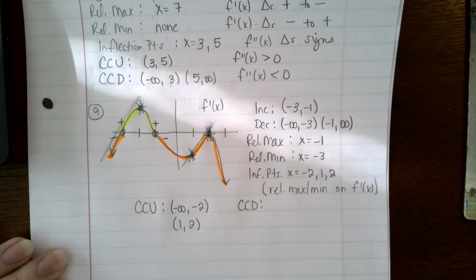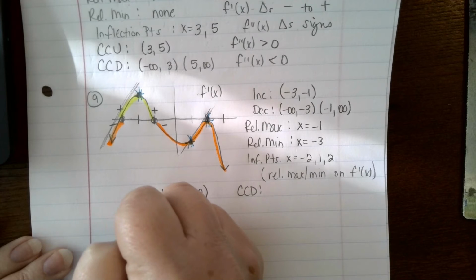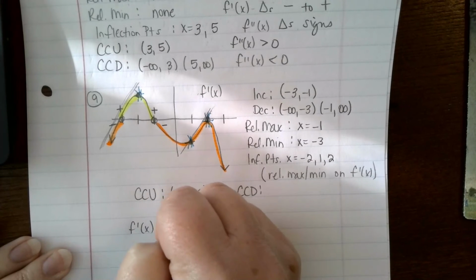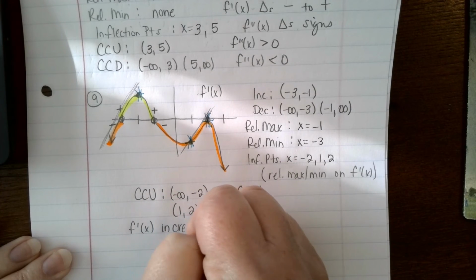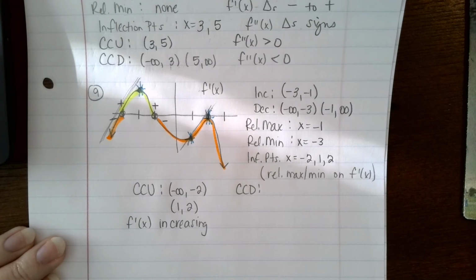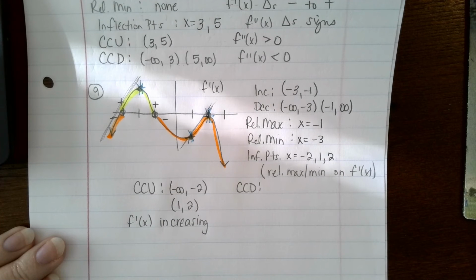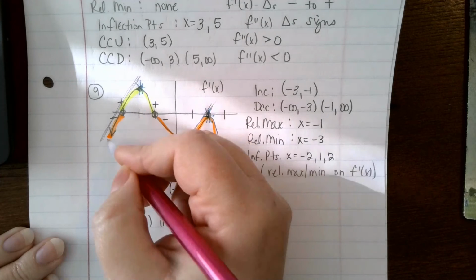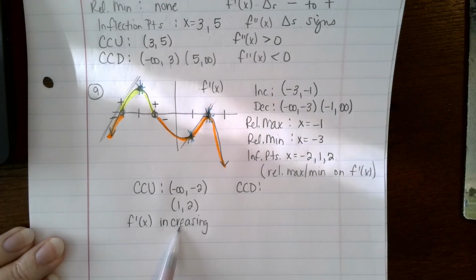Now, the justification is because the derivative graph is increasing. You could say the slope of the tangent line of the first derivative is positive. That's just an awful lot of words, but it's a perfectly fine justification. It's just that f prime of x is increasing. It's just a little faster to say.